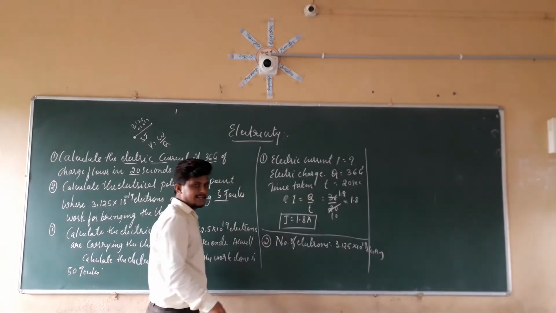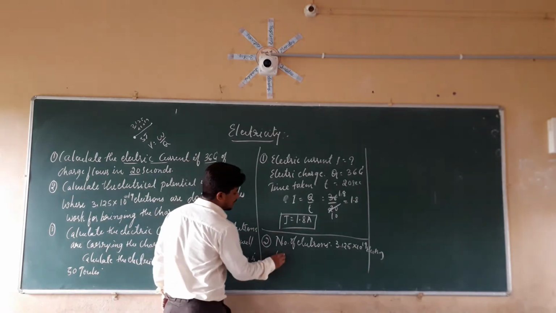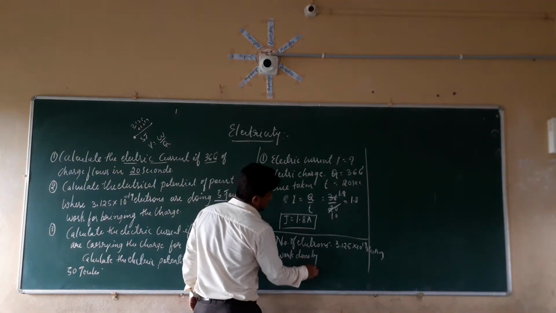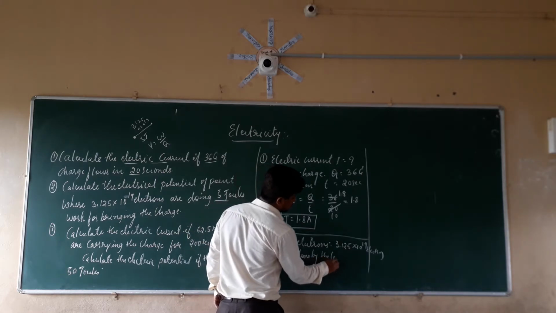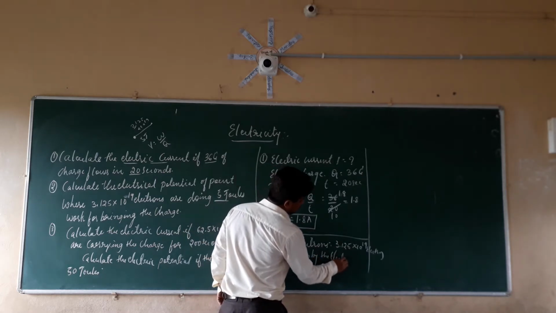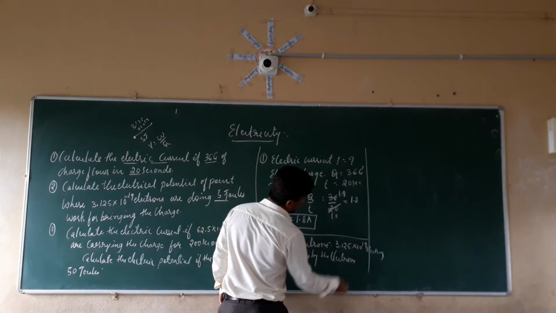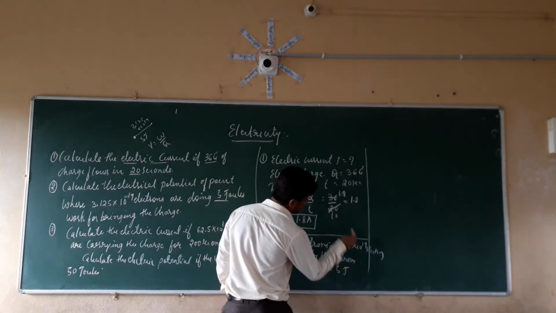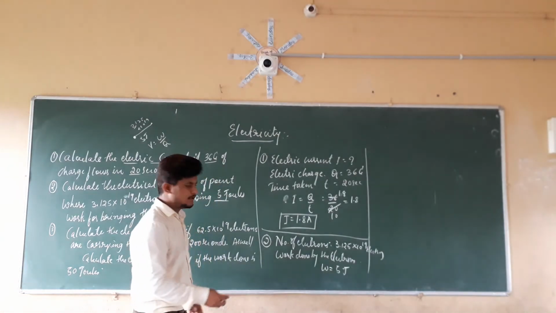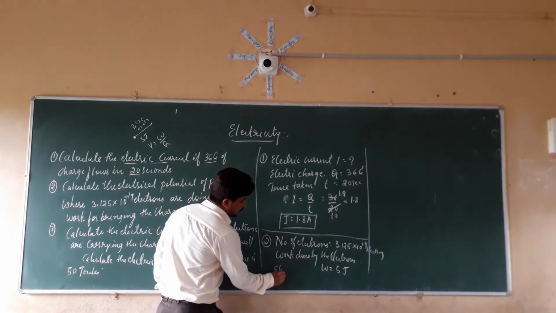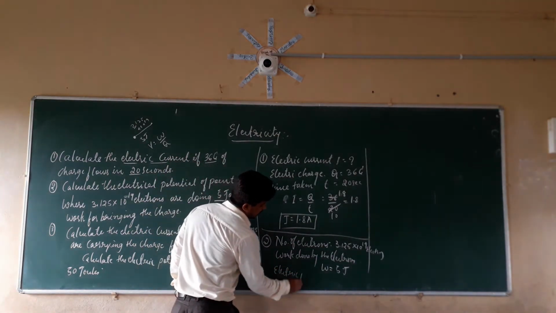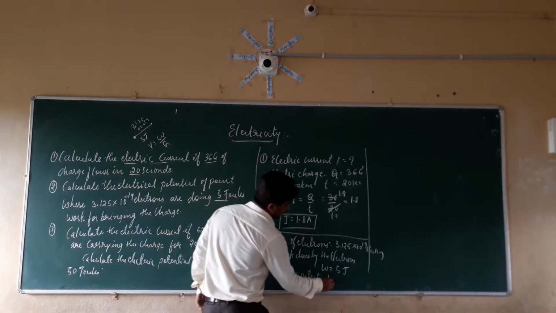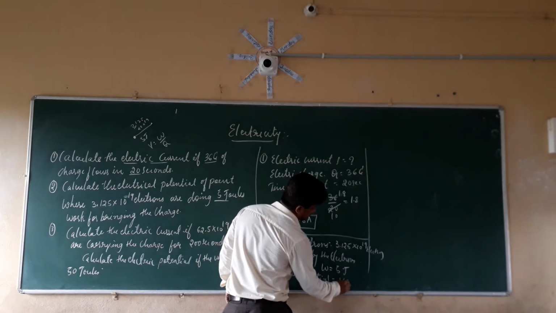In the same manner, they gave the work done by those electrons, W is equal to 5 joules. We have to calculate the electric potential of that point, that is electric potential V is equal to question mark.